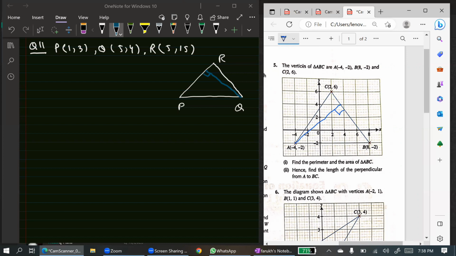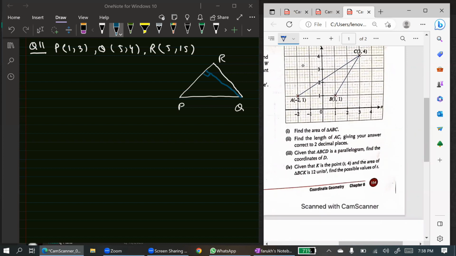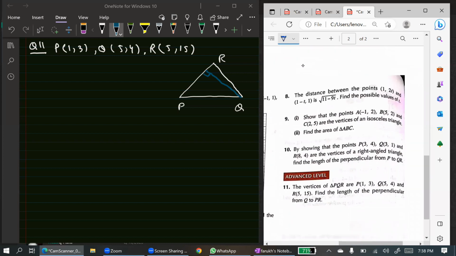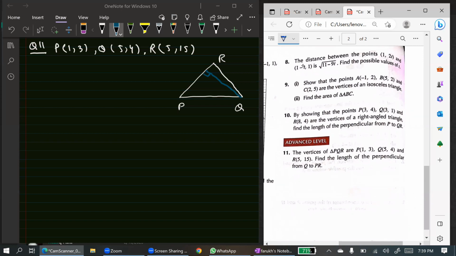Now, in this question, first of all, we will find out the area of this triangle with the help of the shoelace formula. Then we will use the formula: area of the triangle is equal to half into base into height, and we will find out this height. Now, first of all, we will find out the area of the triangle PQR.